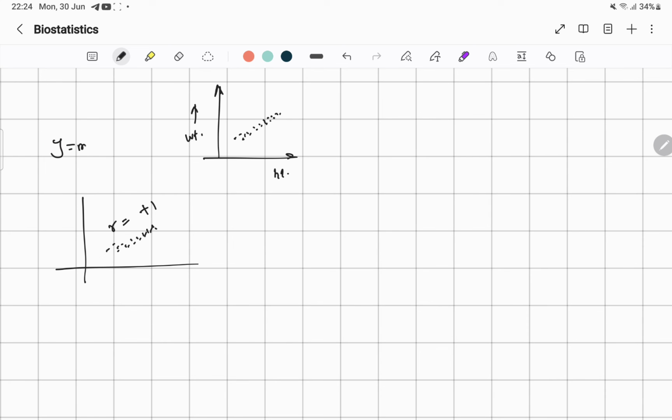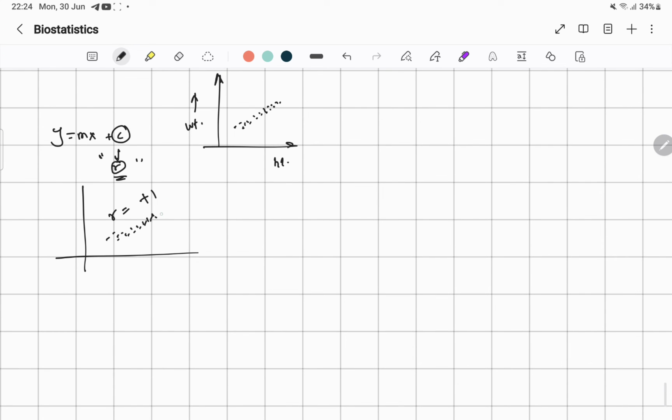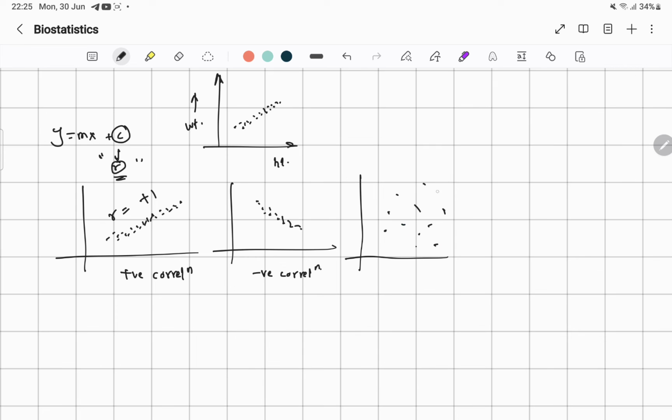You remember y equals mx plus c. This is basically r, the Pearson-Spearman coefficient. r is +1, it is a positive correlation. If it is like this, negative correlation. If it is like this, only scatter, r is 0, no correlation.